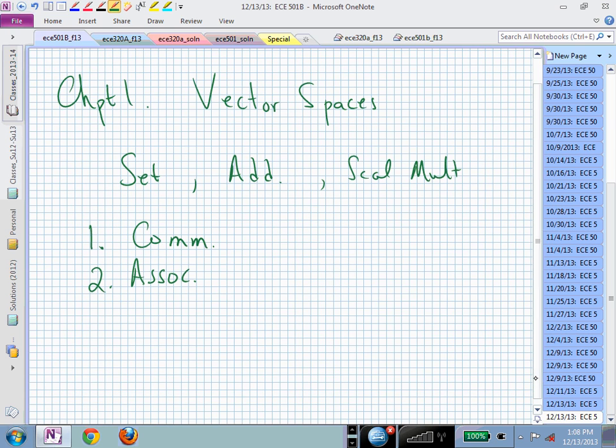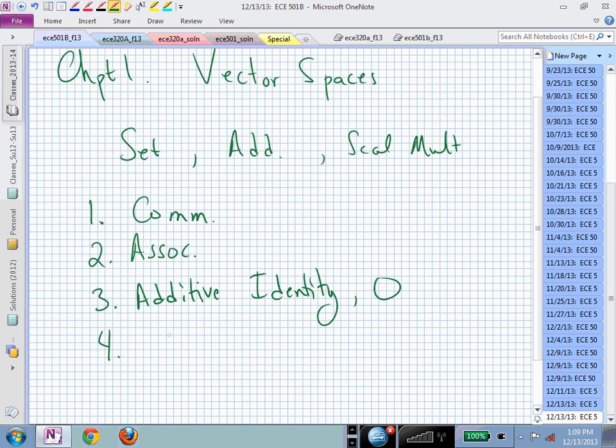Then you need an additive identity, which is really just a zero element. You then need an additive inverse, the ability to add something that will get you to the zero element for every vector.